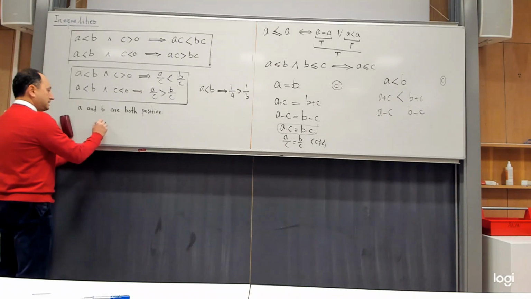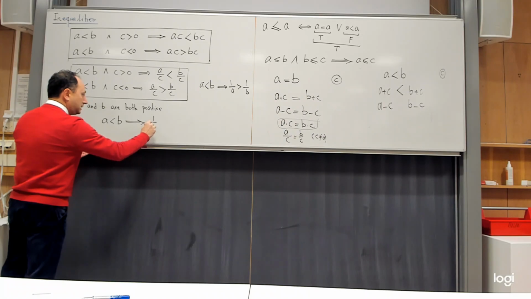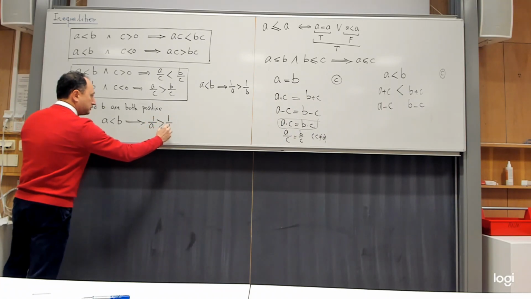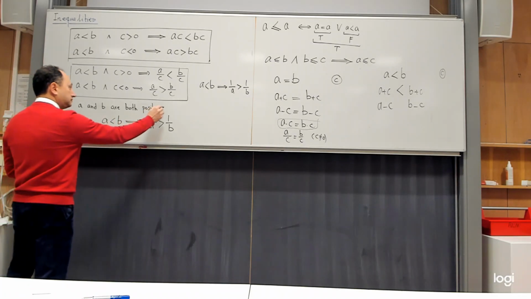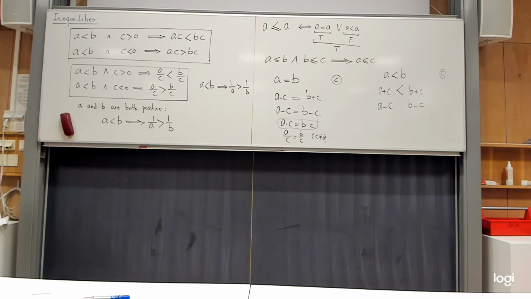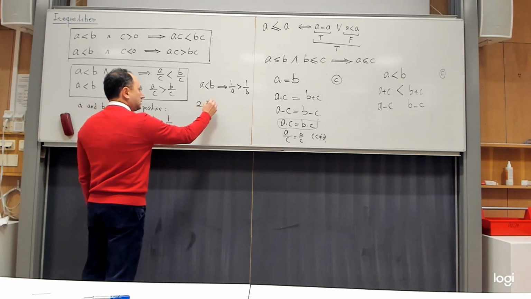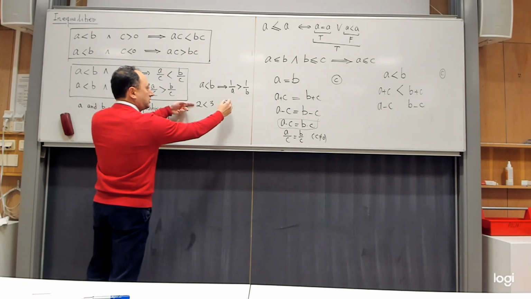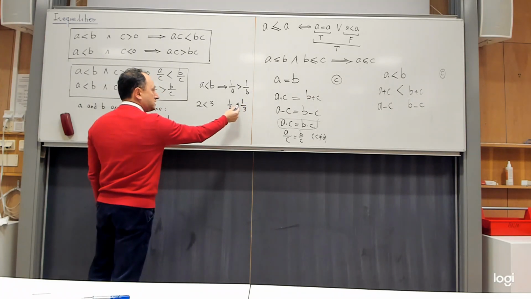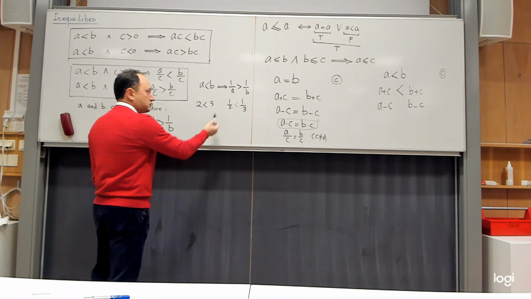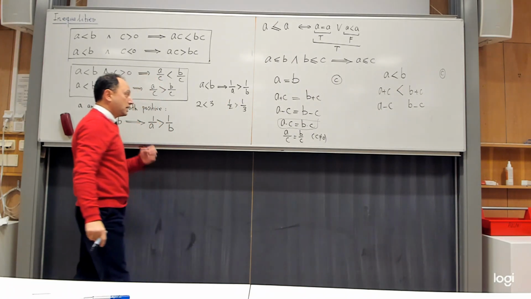If A is less than B, I can conclude that 1 over A is greater than 1 over B. Okay? And that is clear, yes? If I have 2 smaller than 3, if I find the reciprocal, it is 1 over 2. If I find the reciprocal, it is 1 over 3. If you insist to keep the sign the same, this is wrong, because 1/2 is not smaller than 1/3. So you need to remember you have to interchange the sign.